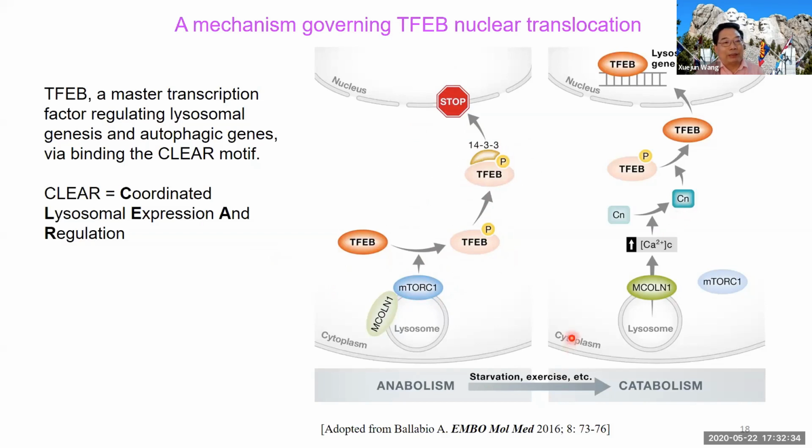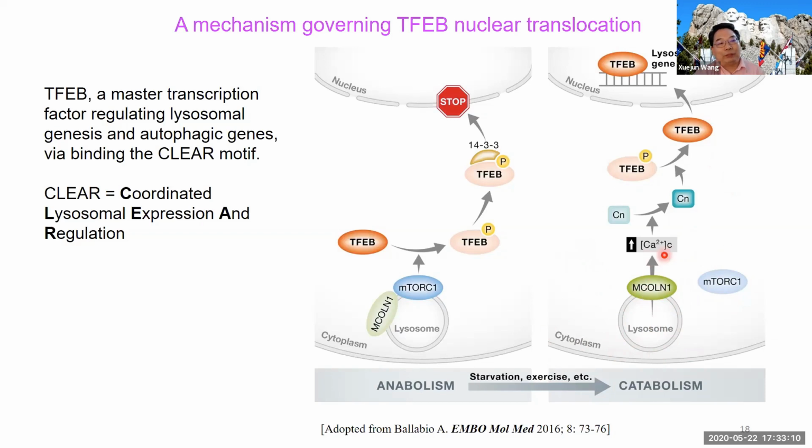But under starvation, exercise, or some other lysosomal stress conditions, first of all, in starvation, mTOR will certainly be shut down. Because of nutrient deprivation, mTOR will be suppressed, and that stops TFEB phosphorylation. Meanwhile, calcium is released from lysosomes through MCOLN1, a cation channel on the lysosomal membrane.